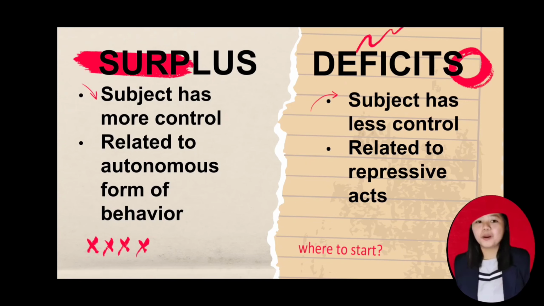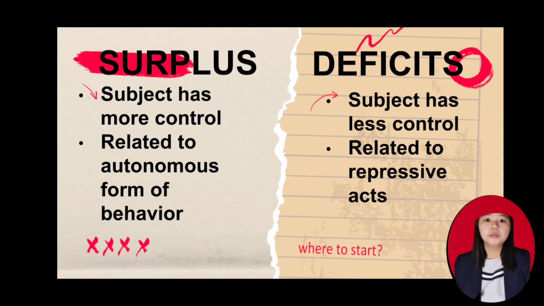Okay, let's talk about the surplus. Both have distinct concepts. In surplus, the subject has more control than being controlled, meaning the constraints in the environment have no way of stopping this individual. Thus, the predicted behavior will be autonomous. While opposite to that, in deficit, the subject is being controlled more than he or she exercises.